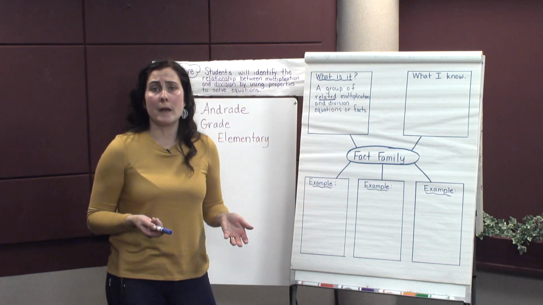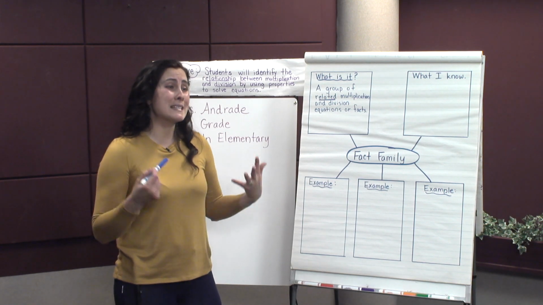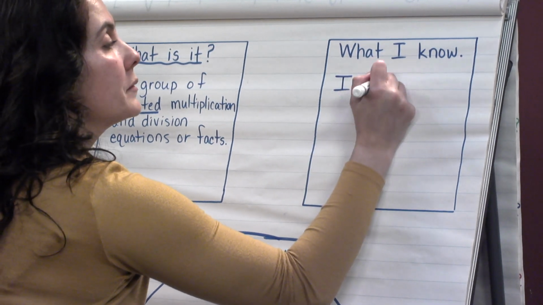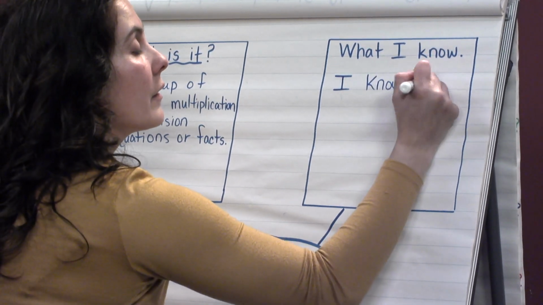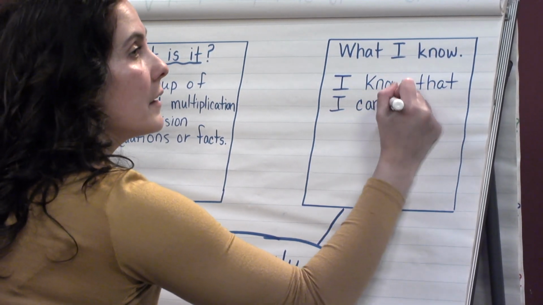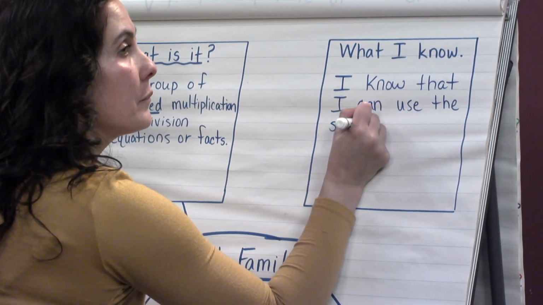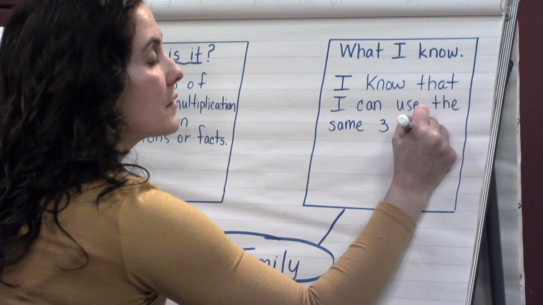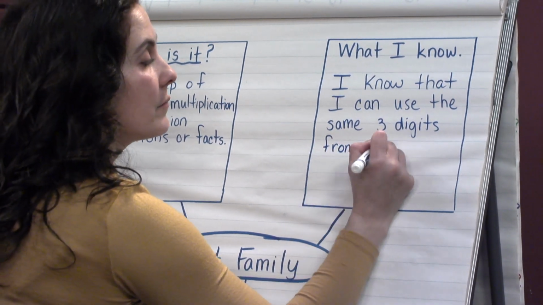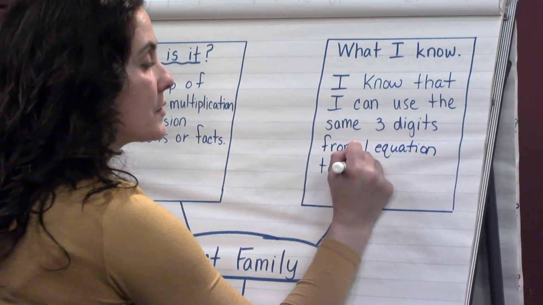What do you know about them? What do you know about fact families? We know that they use the same 3 digits. So I know that I can use the same 3 digits from one equation to solve the others.